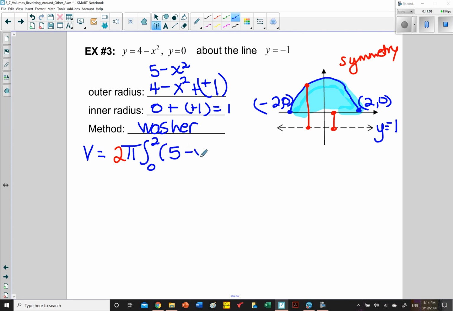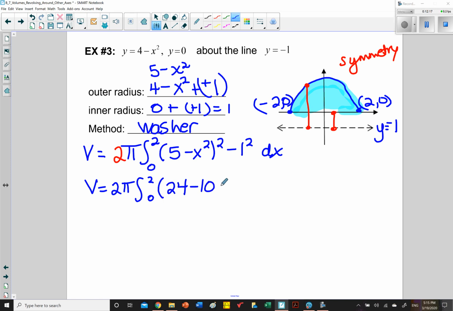Outer radius minus inner radius, and then being careful with your expansion. That's 24, 10x squared, x to the 4th. Well, 25 minus 1, I did that ahead of time, looking ahead. So 24.